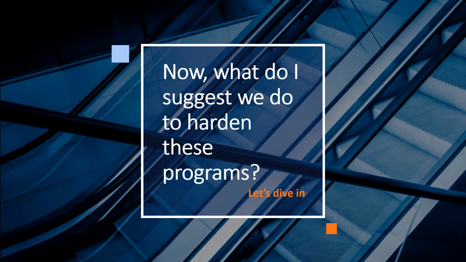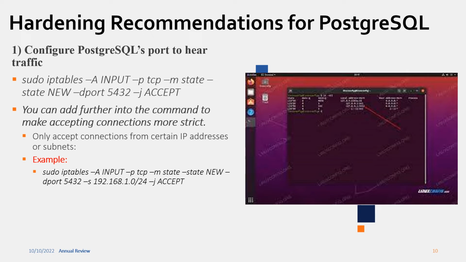Now, how are we going to harden these ports? Installing it, you got to configure the port to hear that traffic. The Linux command for that is posted above. But how do we harden it so that we can ensure that it just doesn't accept any kind of traffic? What we can do is modify this command to be even more strict in accepting connections. That way it can accept connections only from certain IP addresses or subnets. For example, imagine that we wish to access only a local subnet known as 192.168.1.0.